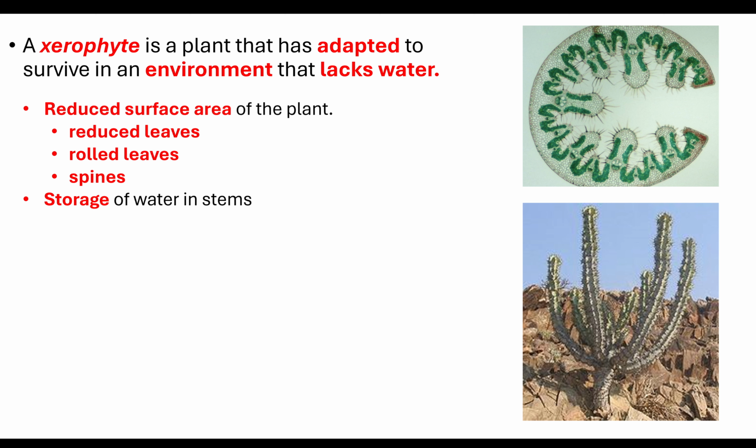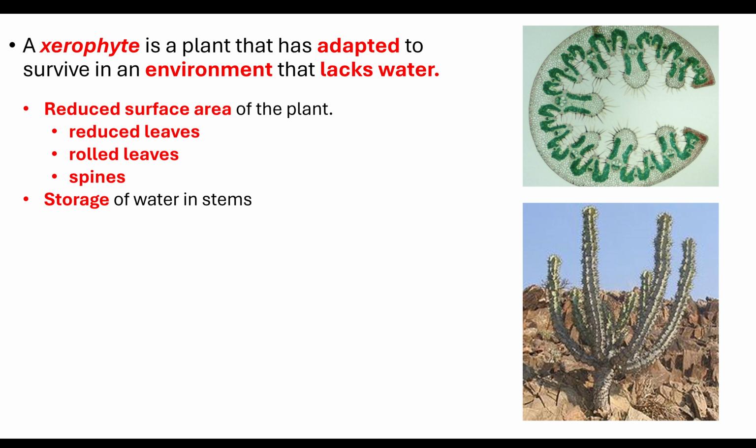Now, obviously, if there's not a lot of water in the environment, because water is required for photosynthesis, and you'll learn more about that when you look at Module 5 photosynthesis, the plants need to be able to store the water, and they do that by storing it in stems.